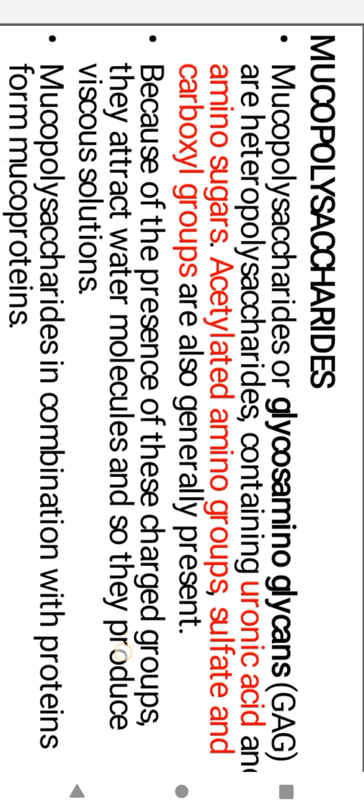Next, another of the heteropolysaccharides is mucopolysaccharides. Mucopolysaccharides are glycosaminoglycans, shortly GAG, containing uronic acid and amino sugars. Acetylated amino groups, sulfate, and carboxyl groups are also generally present.